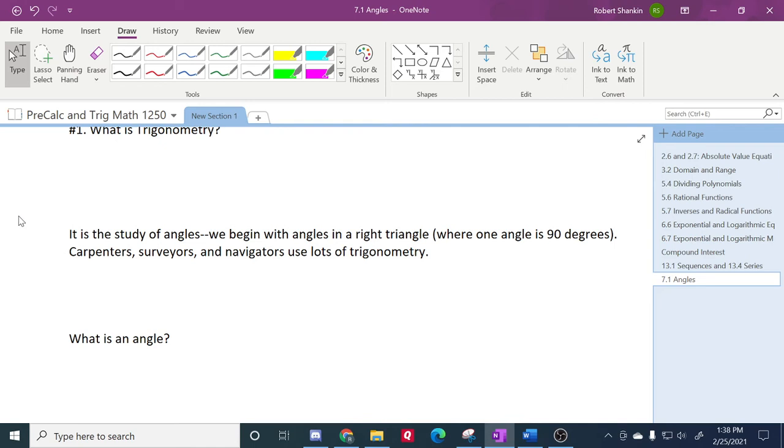But make some kind of guess as to how you would define what an angle is. So type it up, but don't hit enter yet. Go ahead and hit enter. Everybody make sure you've typed something into your group chat.